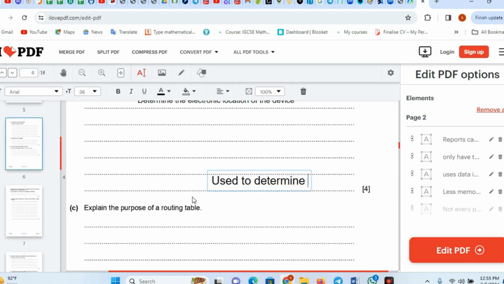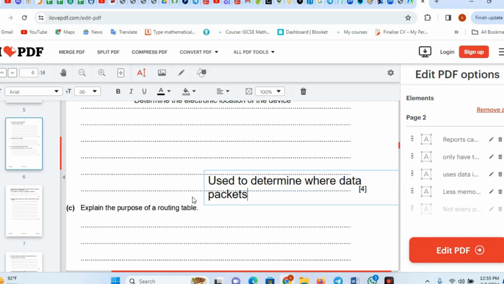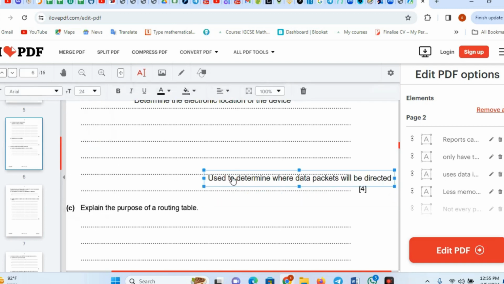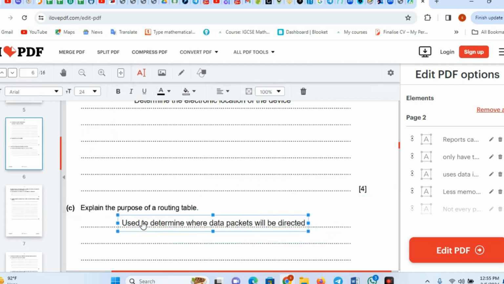It can be used to determine where data packets will be directed. That is, where are you sending data packets? It is a routing table that will determine that. If you are using a routing table, it will easily tell you, this data is going this way and not that way. That is one.